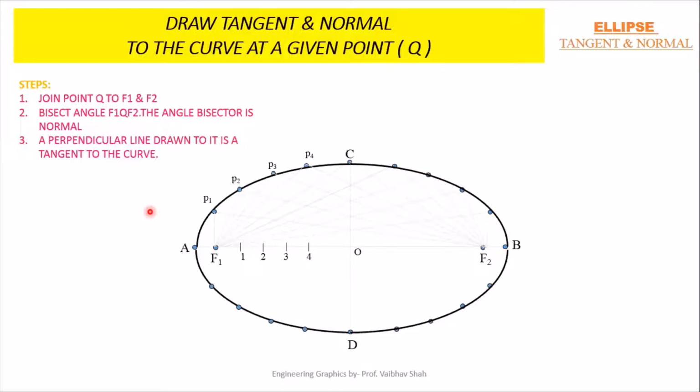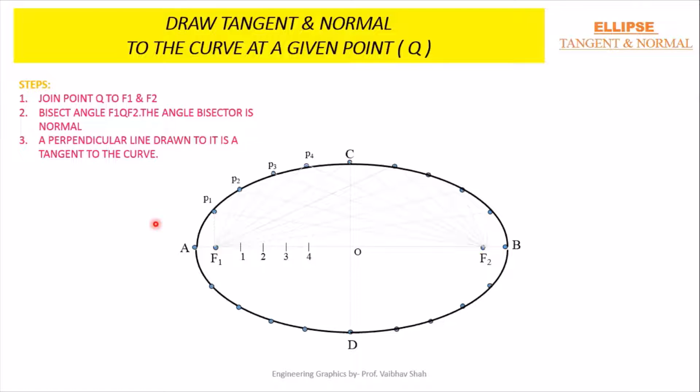In the second case, if it is said that you have to draw tangent and normal which is 50 mm away from your focal point, that means you have to select any of the focal points. So let's say I am selecting this focal point F1. I will set 50 mm distance on my rounder, and I will select a point 50 mm away from my focal point.